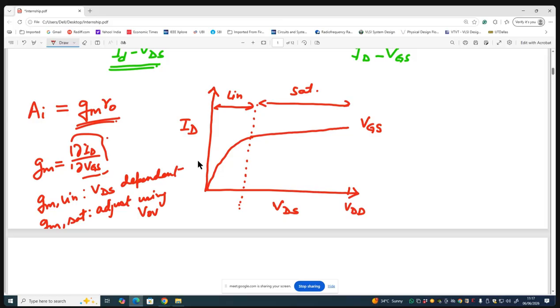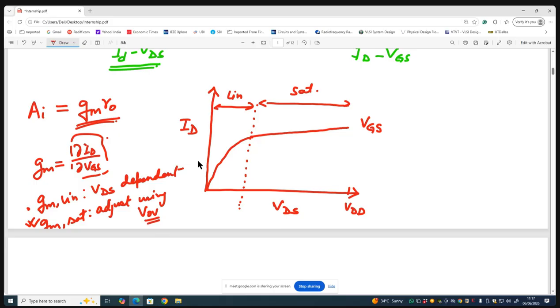Whereas in the linear region you do not have that knob to adjust it, and it is also VDS dependent, which is detrimental, which is undesirable, right? So from the gm perspective, the saturation region seems appropriate: gm sat is independent of VDS, and you can also tune it using the knob, overdrive voltage.